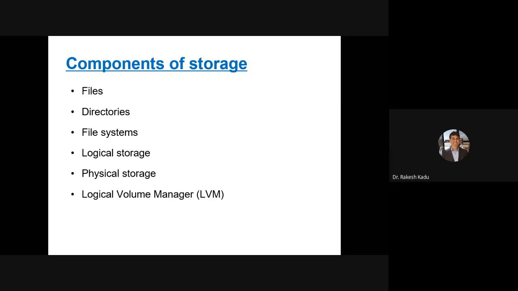So you can create a Windows partition as well. If your Linux has a physical storage and you are creating 4 partitions on it, one partition can be of ext2 type, another partition can be of ext4 type, a third partition can be of FAT32, you can create Windows partitions also, and a fourth partition can be of NTFS, or it will even support a file system for another operating system.